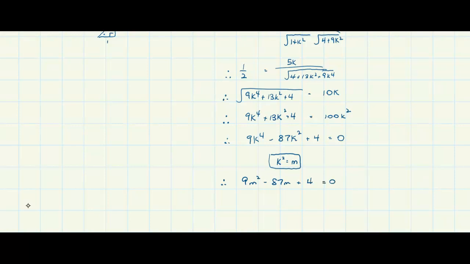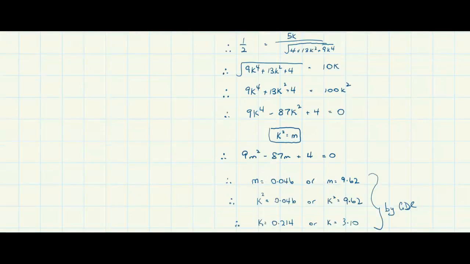I can get my quadratic formula out perhaps, or let's just have a look. Okay, so we needed to finish this off via the GDC just by graphing this quadratic here, finding the points of intersection with the x-axis, therefore solving for m and therefore k squared, taking the positive square roots.